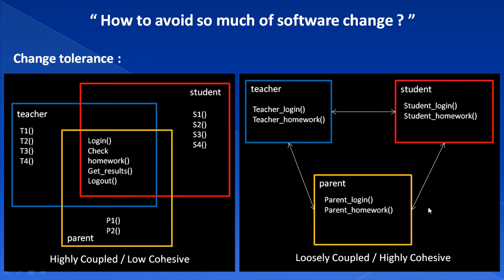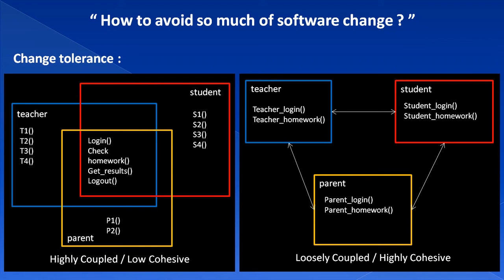If you change person A's laptop, persons B and C won't be affected. But if they have a common laptop, one change will affect all the employees working from that laptop. So likewise, when you are developing modules in a loosely coupled and highly cohesive way, it's easy for the development team to make changes and modifications.